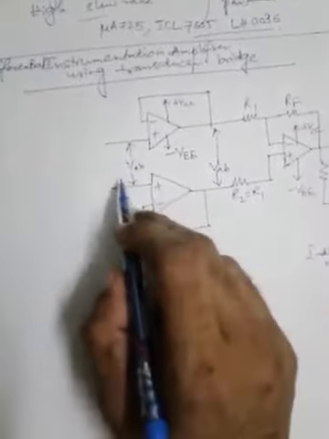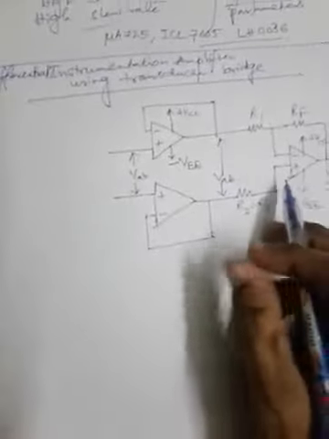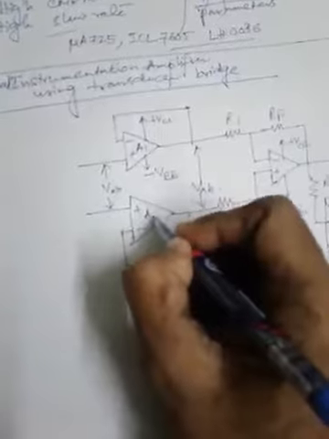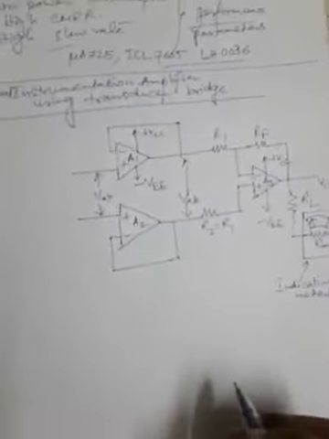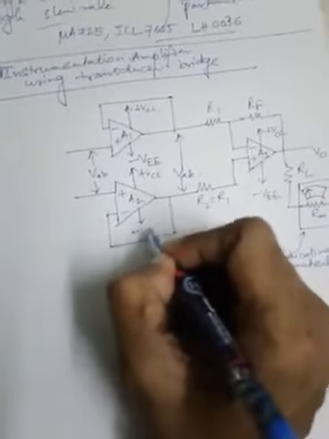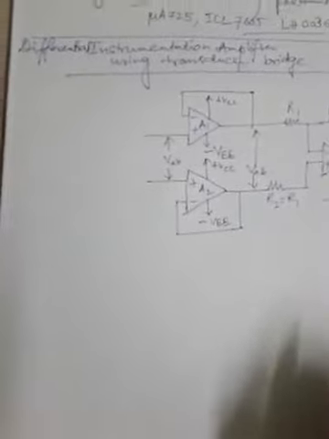Therefore whatever is the voltage at its input is reflected at the output, because they are having unity gain, as no feedback resistance is connected at either of them. This is having A1 as gain, this is having A2 as gain, and this is having A3 as gain. Now, so this is the amplifier part of circuit along with the indicator.